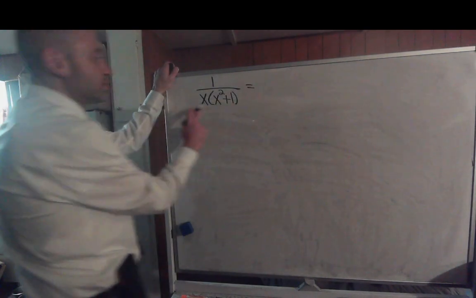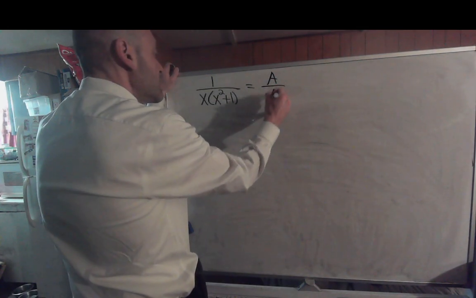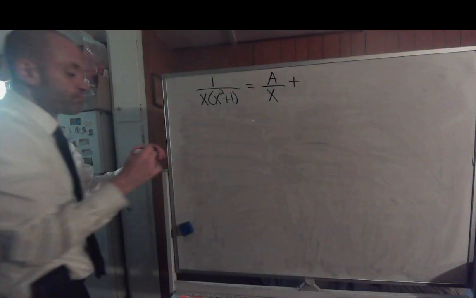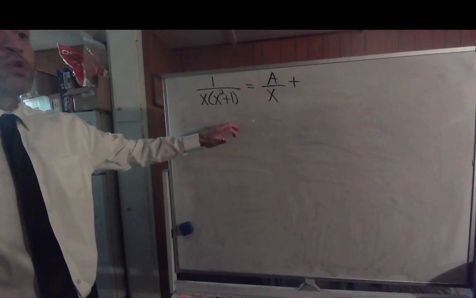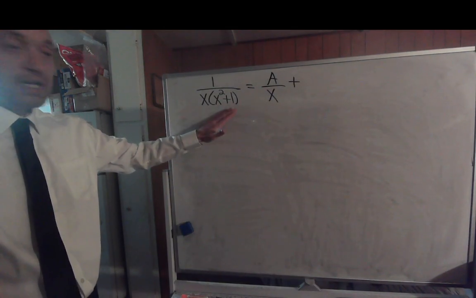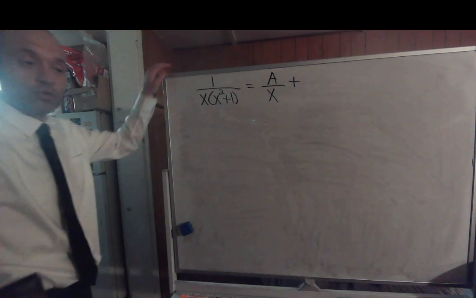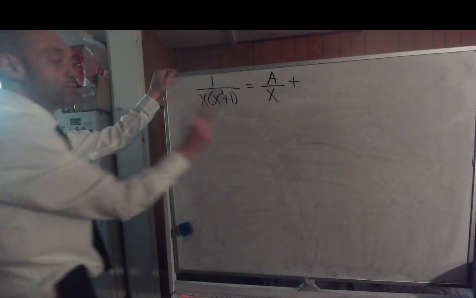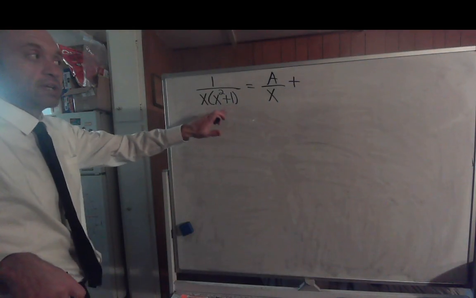Of course, take your linear factor first, that x, that'll be a over x, plus, if you have an unfactorable quadratic factor in the denominator, how it's going to work is the degree of the numerator for your second component of this partial fraction decomp should be exactly 1 degree less.